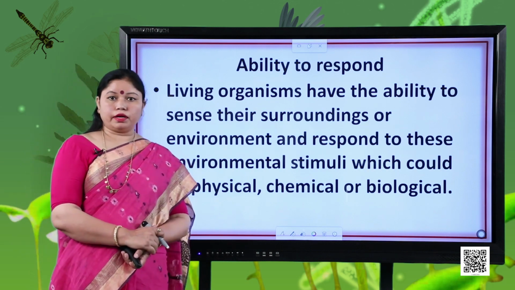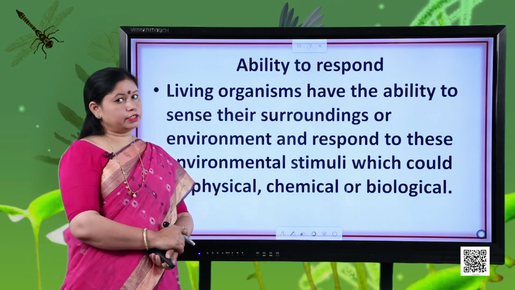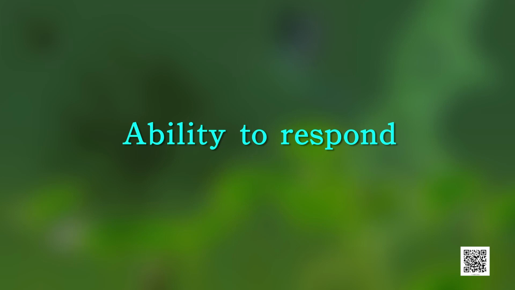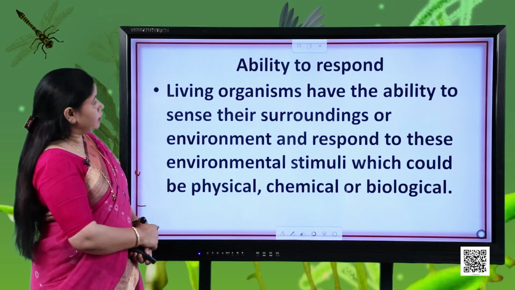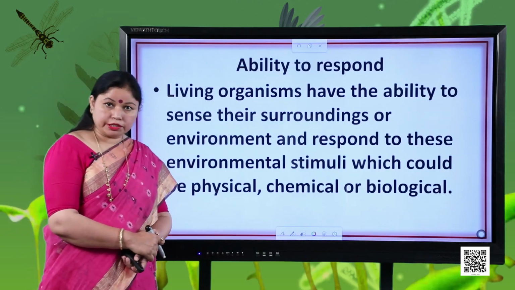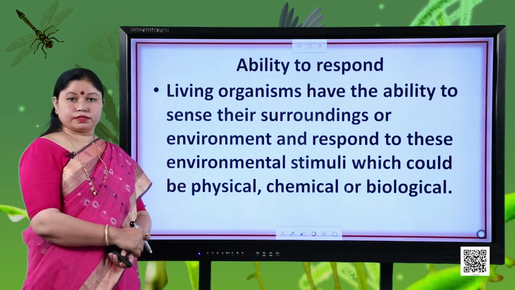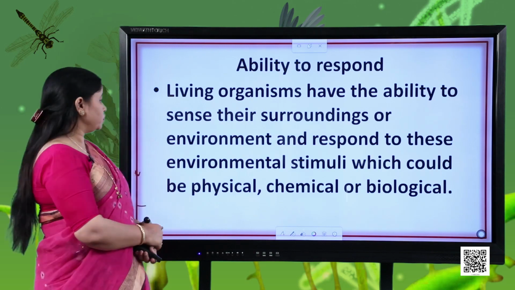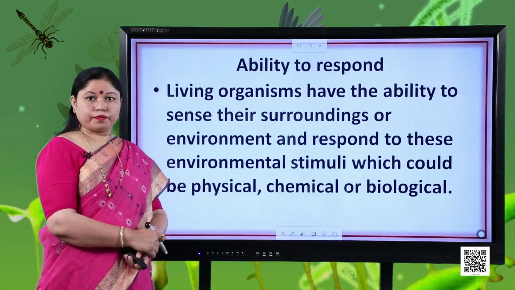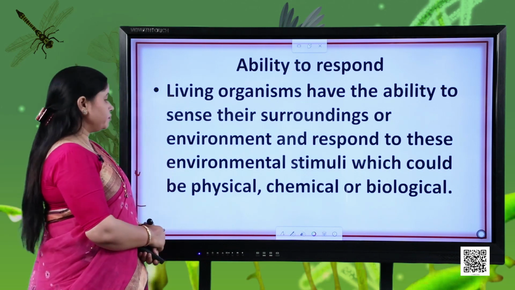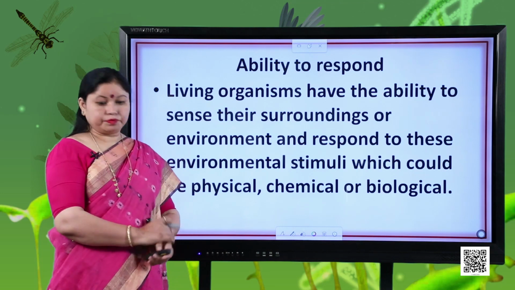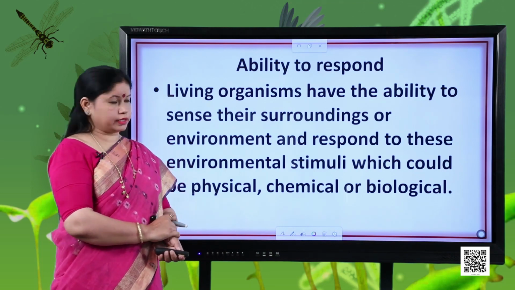Let us explore another feature considered important for living forms: their ability to respond to their environment. Living organisms have the ability to sense their surroundings or environment, and they respond to these environmental stimuli, which could be physical, chemical or biological.